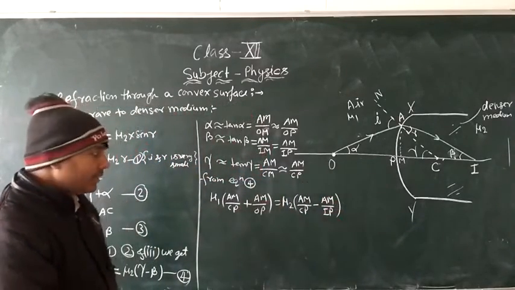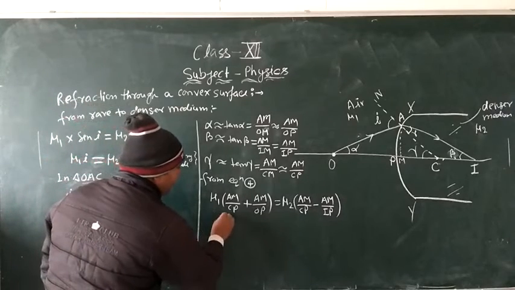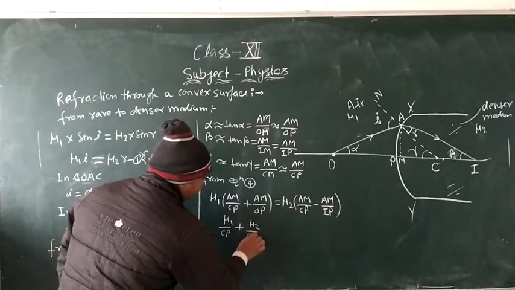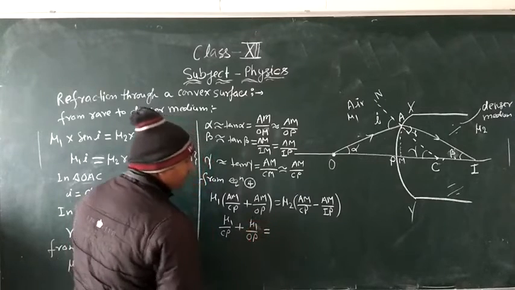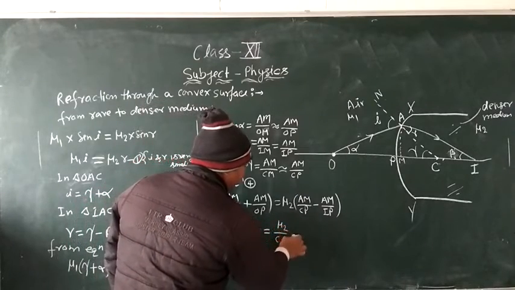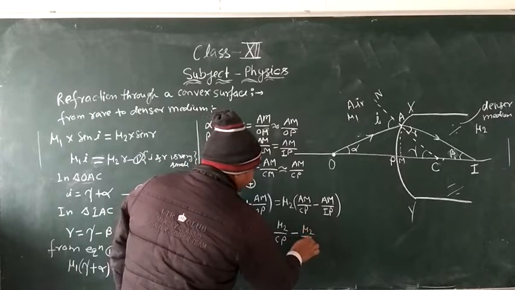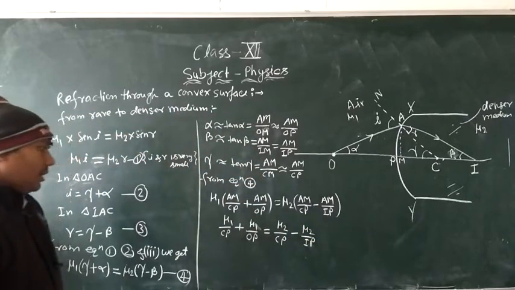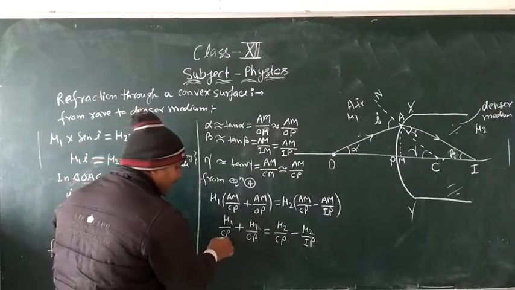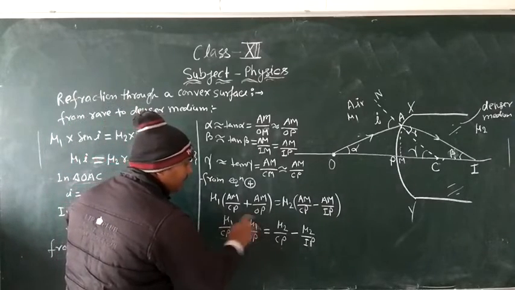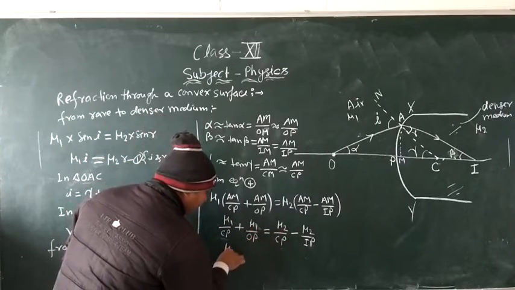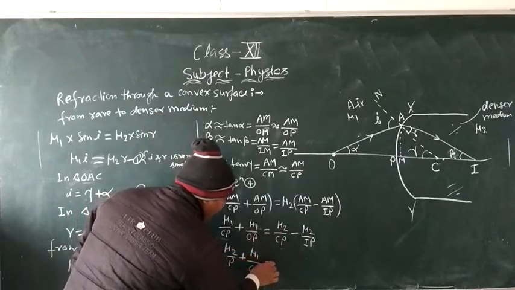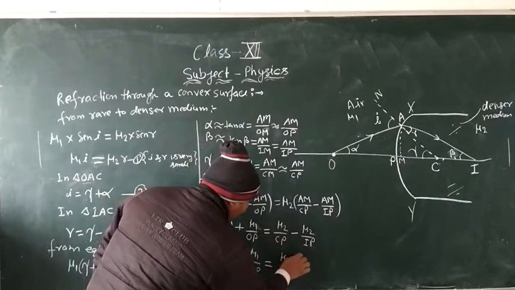AM cancels, so mu1 upon CP plus mu1 upon OP is equal to mu2 upon CP minus mu2 upon IP. Moving the CP terms to one side, we can write mu2 upon IP plus mu1 upon OP is equal to (mu2 minus mu1) upon CP.